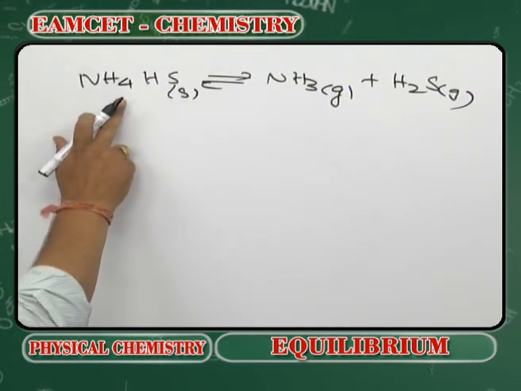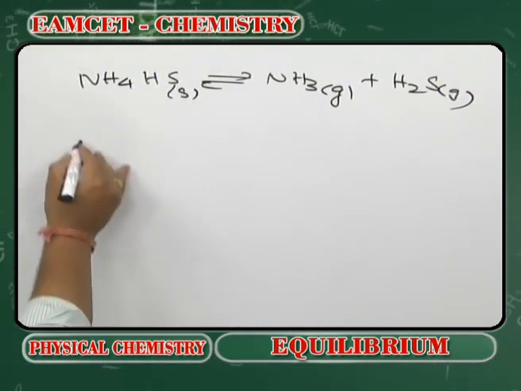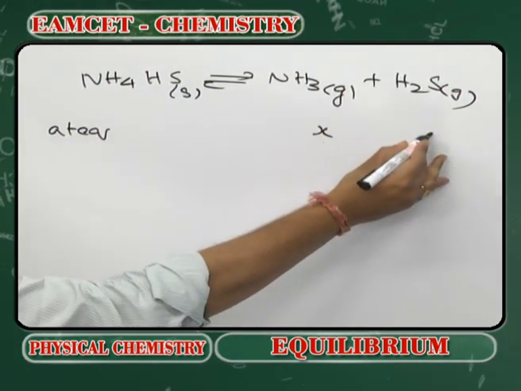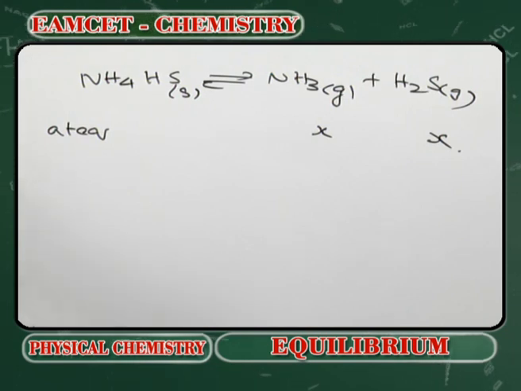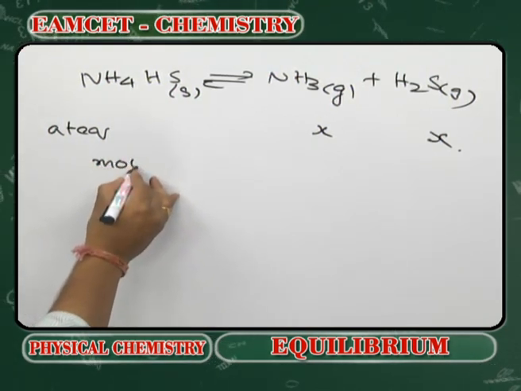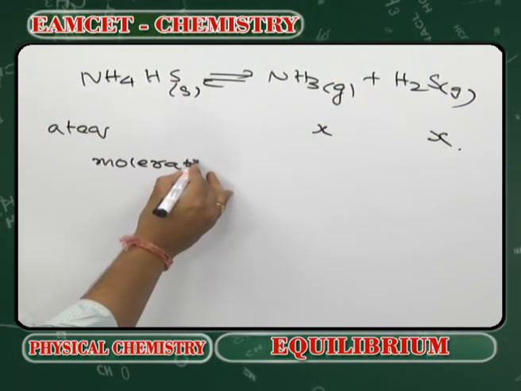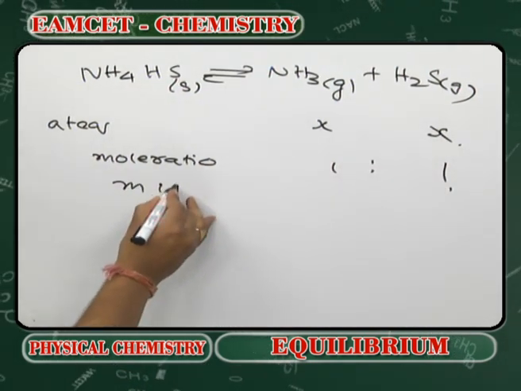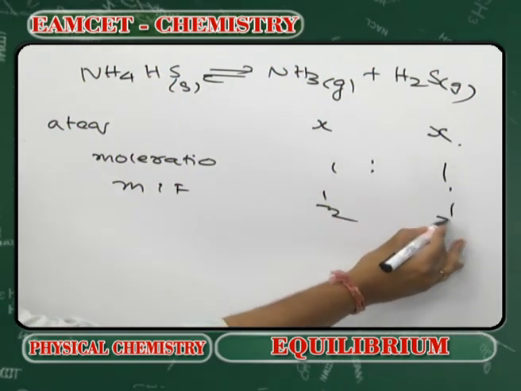At equilibrium, this will not be taken into consideration. At equilibrium, NH3 will be x moles and H2S will be x moles. The mole ratio will be 1:1, so the mole fractions will be 1/2, 1/2.